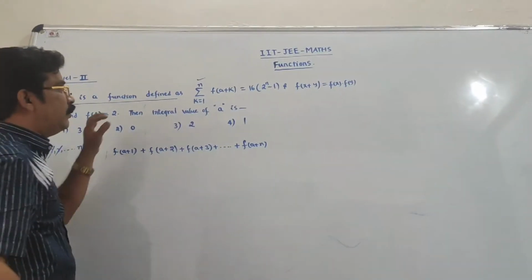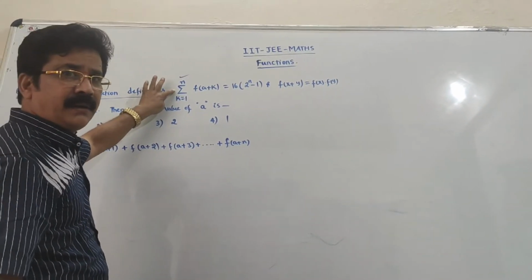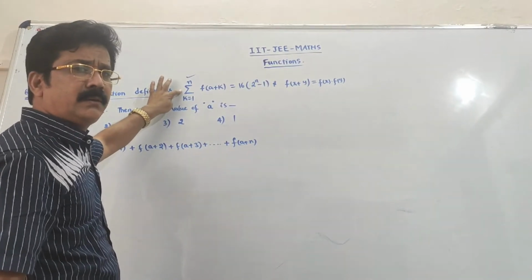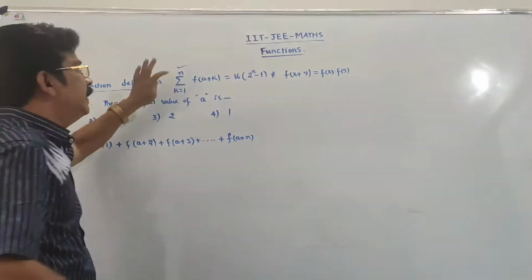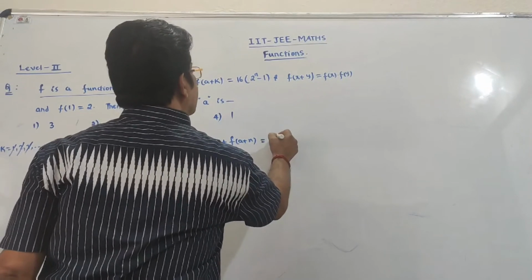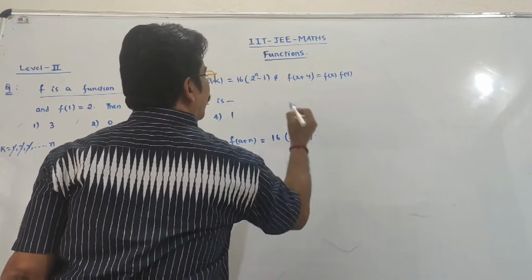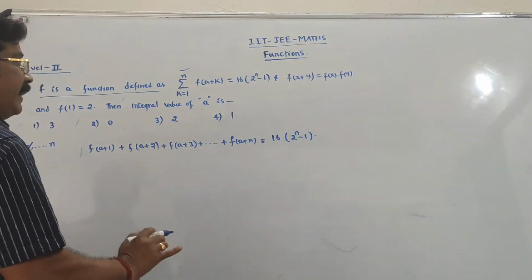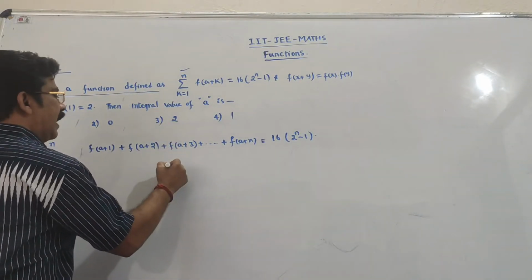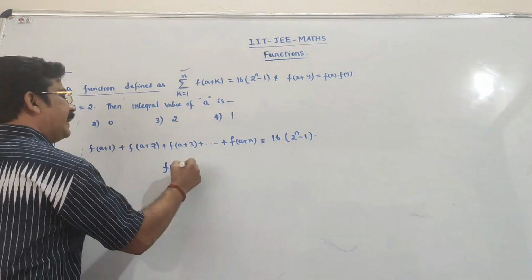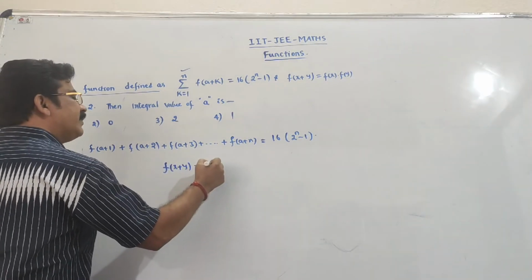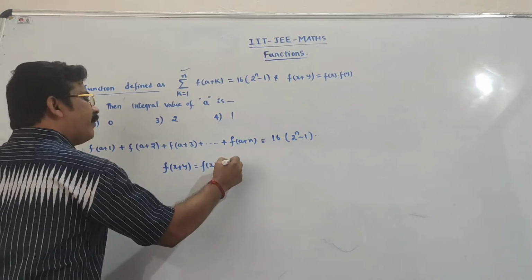This is the expansion of sigma for k equal to 1, 2, 3, up to n. That is equal to 16 times (2 to the power n minus 1). Another condition, f(x + y) is equal to f(x) times f(y).